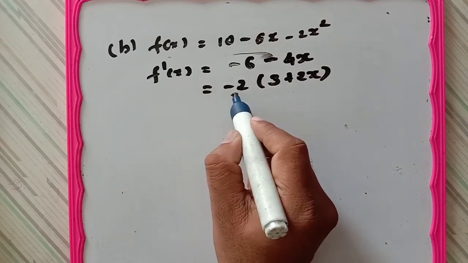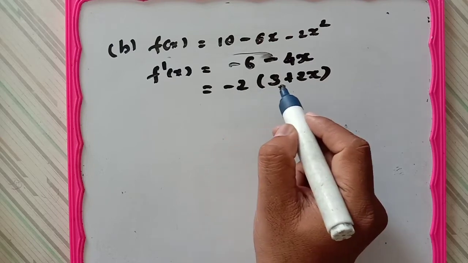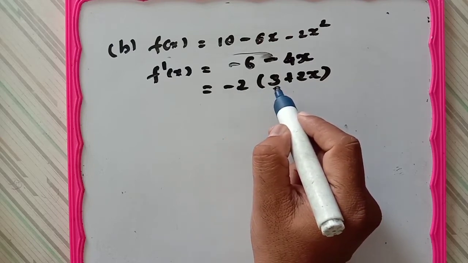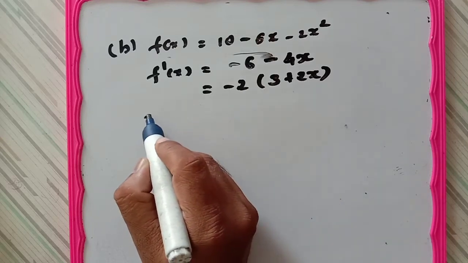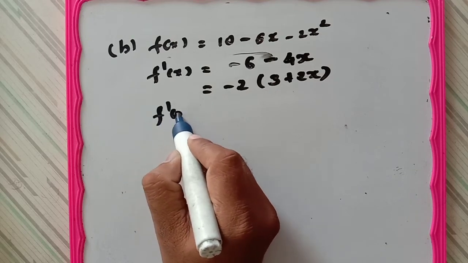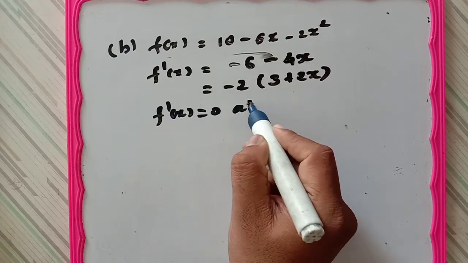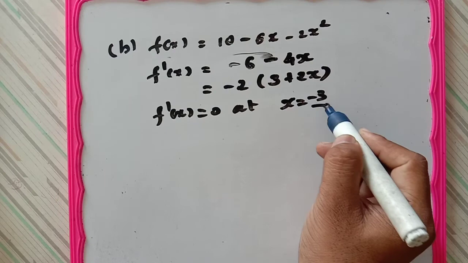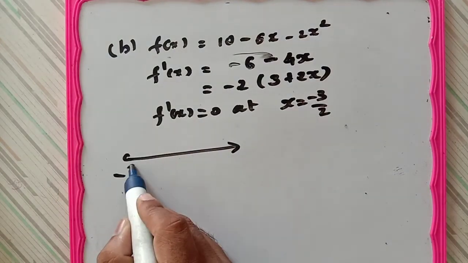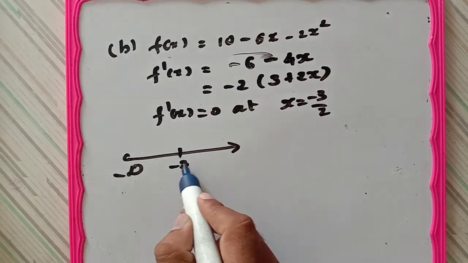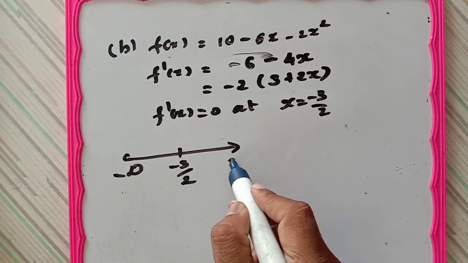Now as -2 is always negative, f'(x) positive or negative depends on 3 + 2x, and so f'(x) = 0 gives x = -3/2. So we have two intervals, -∞ to -3/2 and -3/2 to ∞.